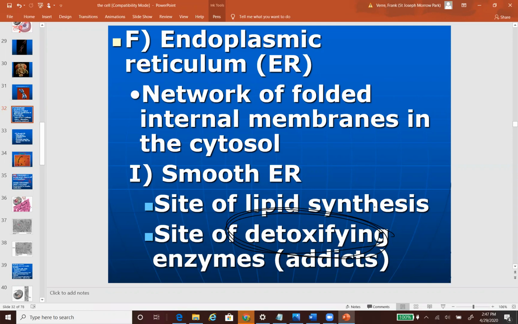What tends to happen, and this is true of any drug, is that as you use a drug more often, it will take more of the drug to have the same effect. So in other words, if you have someone who doesn't drink alcohol and they have a little bit of alcohol, they'll have a noticeable effect. Whereas if you have someone who drinks lots of alcohol and they have a little bit of alcohol, they won't even notice it. So what's going on there?